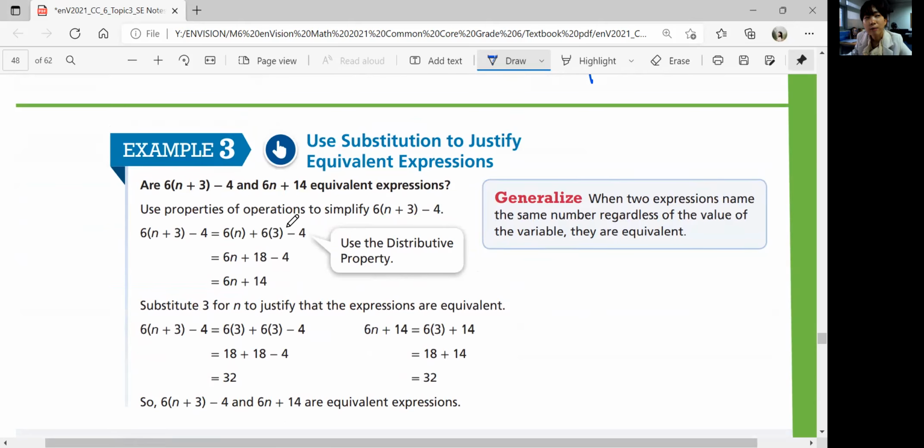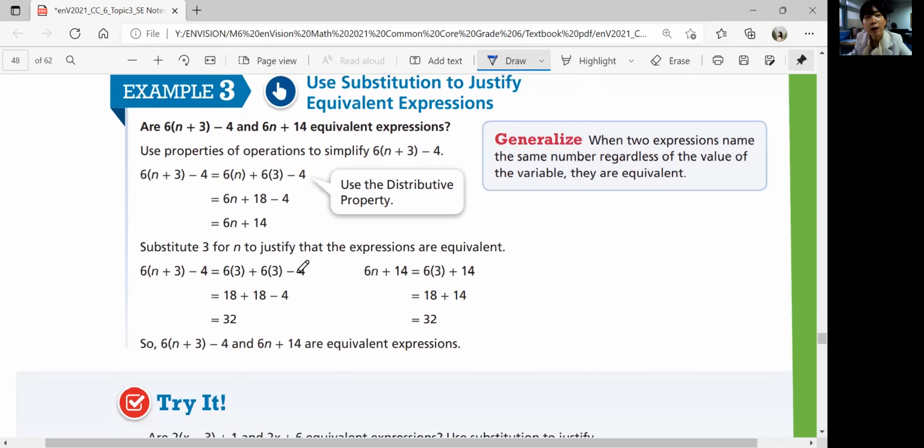Are 6 times n plus 3 minus 4 and 6n plus 14 equivalent expressions? Okay, you can use the distributive property to make the first expression simple. Distribute 6 out into your parentheses. And so you got 6n plus 18 minus 4, and subtract 4 from 18 to get 6n plus 14. Yes, they are equivalent. You can justify by substituting 3, okay?